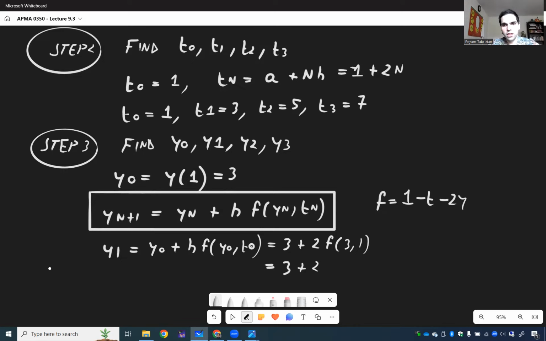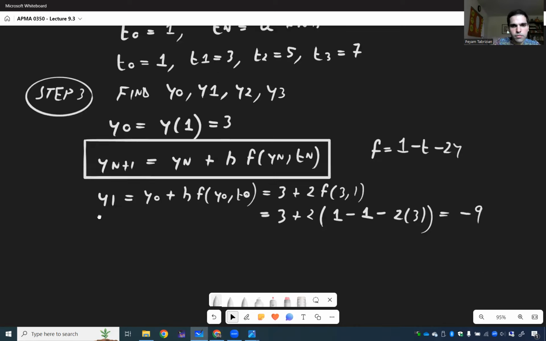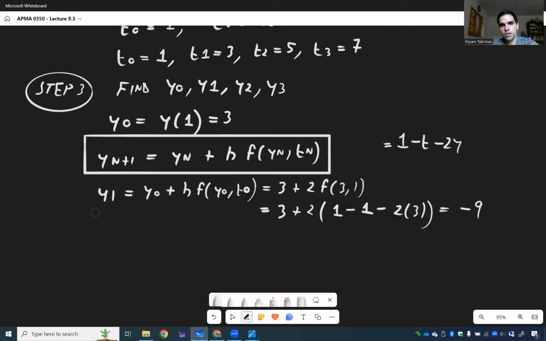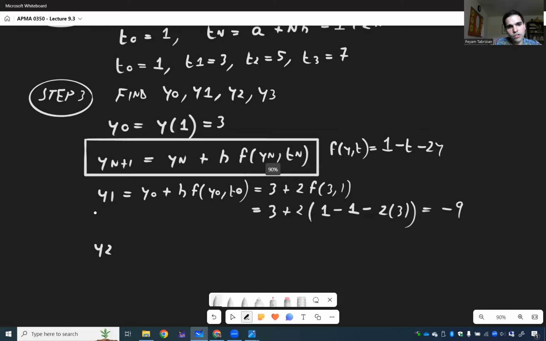So 2 times (1 minus 1 minus 2 times 3), because you see the t is 1 and the y is 3. And if you do that, you get minus 9. As follows, f of y comma t.